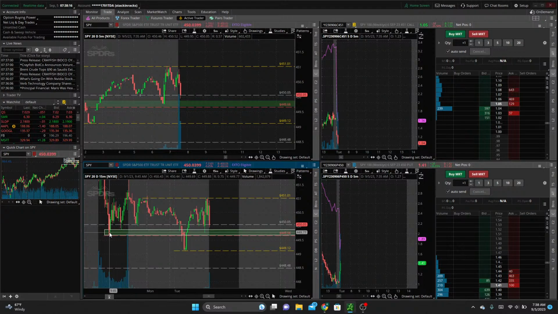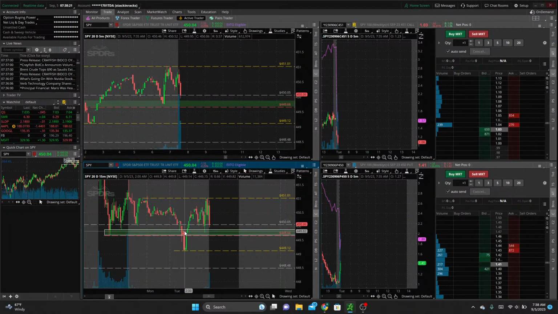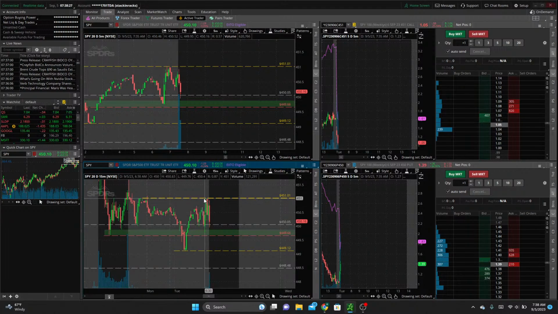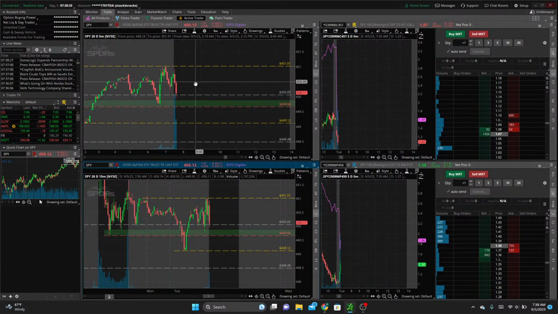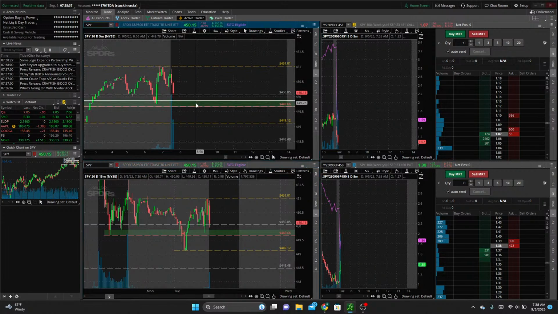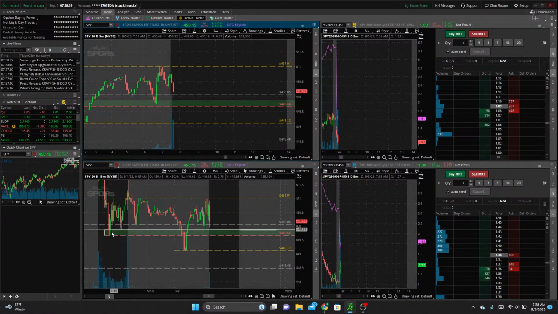As you see, we got support here twice on Friday's session. Broke through it a bit in the pre-market, but then tested it again once we got above it, and it held before setting that 451 level. So we reject close to that in the opening, and we're coming down to retest this again. So it should be pretty strong support, as we have tested it numerous times and held.